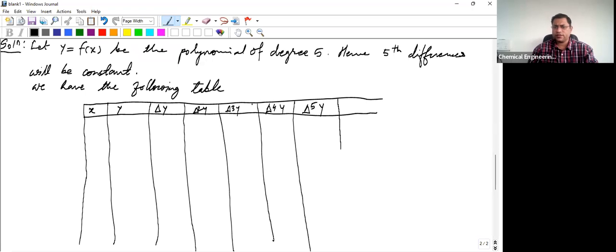So this term is going to be constant. We have to find up to this because it is given that the polynomial is of degree 5.